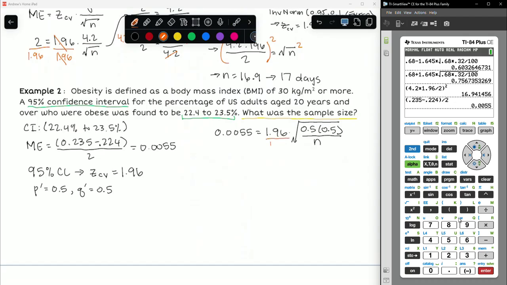Start by undoing that multiplication with some division. The next thing I'm going to do is I need to undo that square root because the sample size is underneath it. And I know I undo square roots with squares, so I'm going to square that whole thing and square this whole thing.